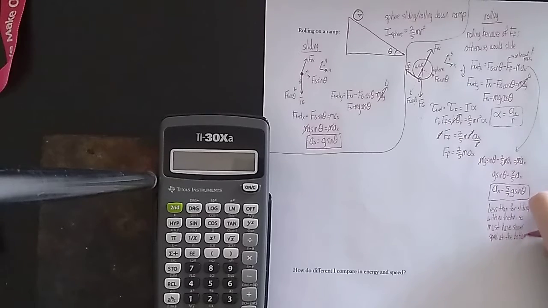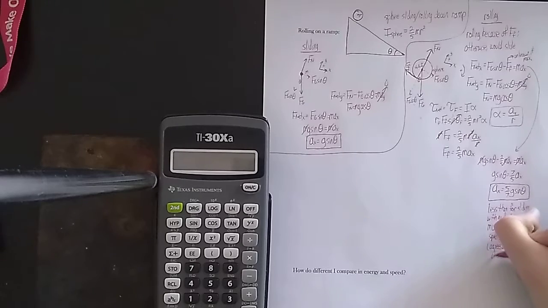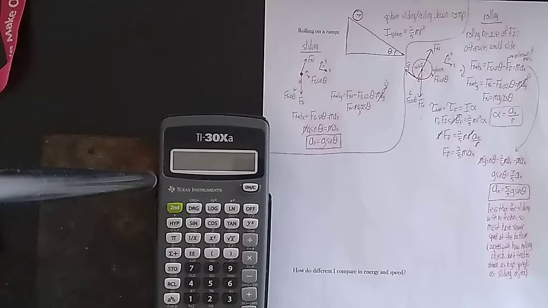And this is consistent with what we talked about in one of the previous videos. This agrees with how rolling objects don't tend to obtain as high of speeds as sliding objects. And that's kind of interesting.